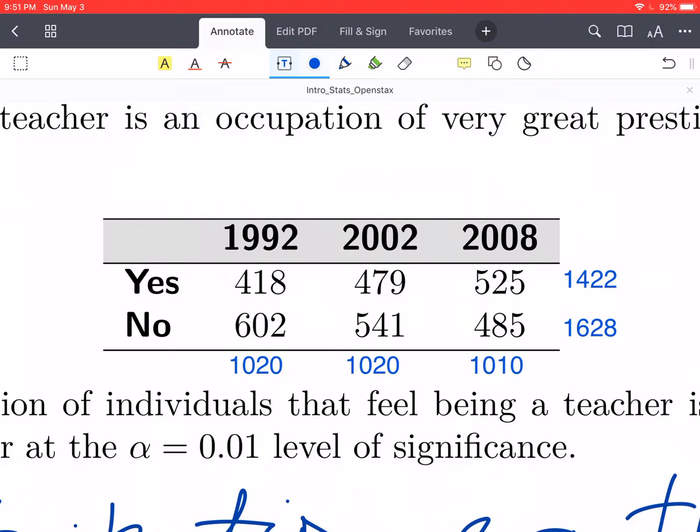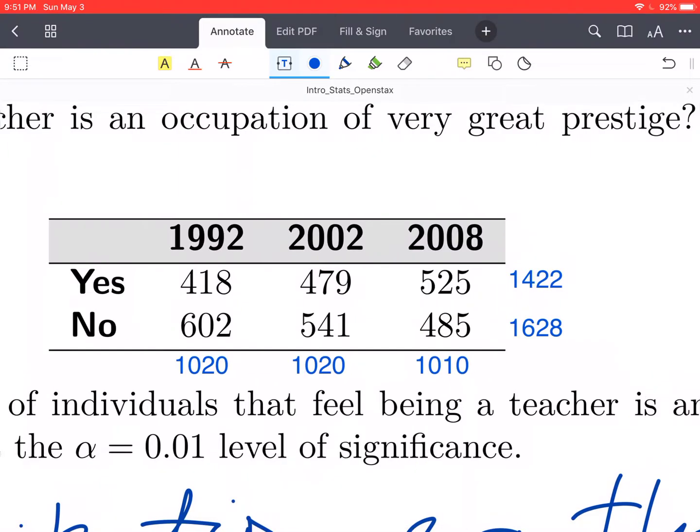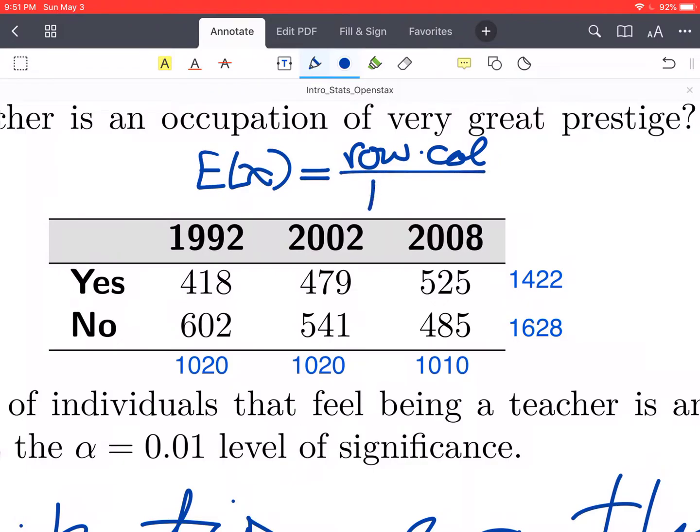So now using these values, we can go ahead and find our expected counts. So remember, the expected count is going to be row total times column total over table total.